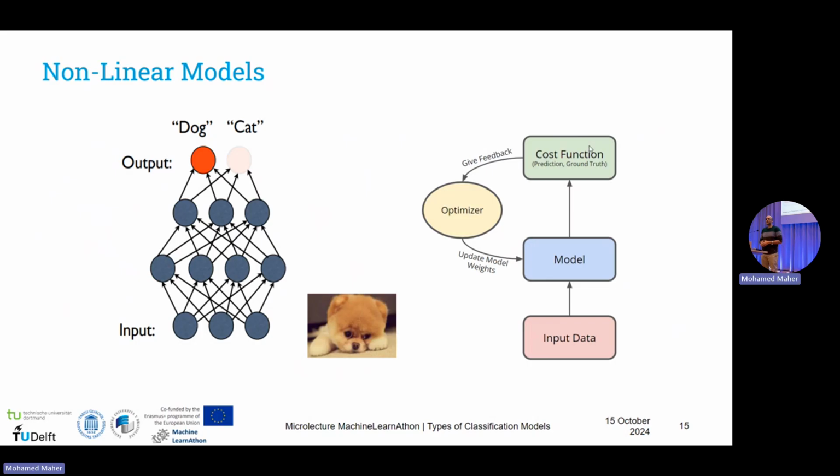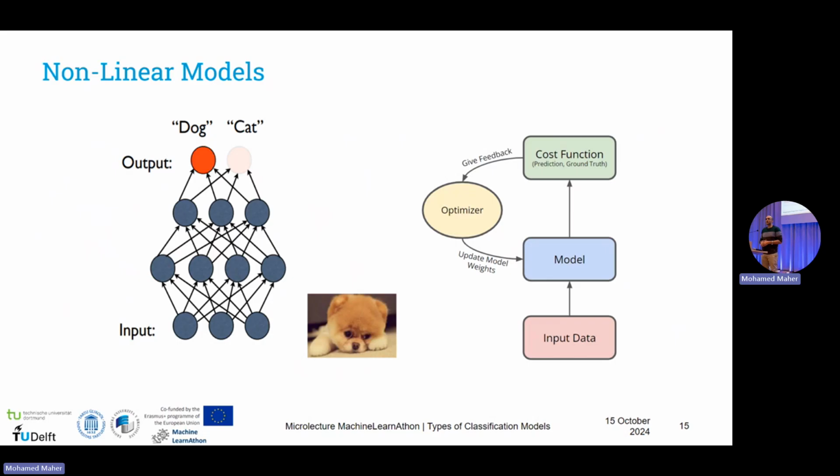The cost function is what we are trying to minimize in order to make accurate predictions. Based on the predictions of this model, we calculate the cost function, calculate the gradients, and feed these gradients into the optimizer algorithm, which updates the model weights and coefficients in the perceptrons in order to make accurate predictions in the second iteration.